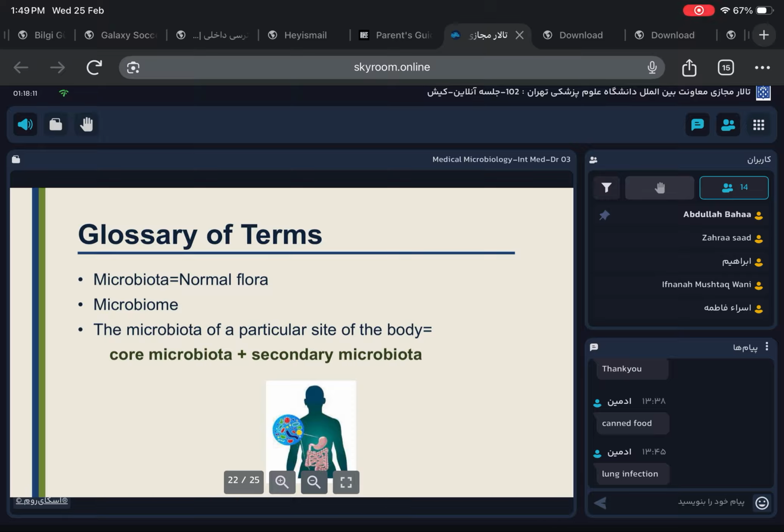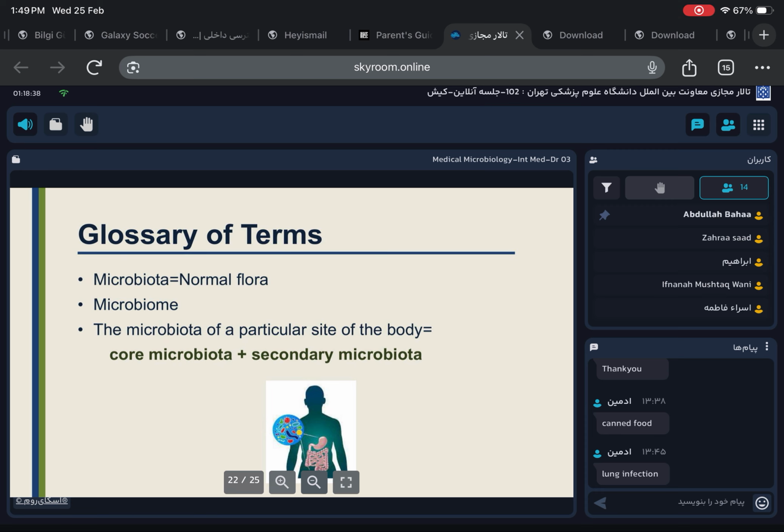When we study the microbiota of a particular body site, we realize that microorganisms in that body site are classified as core microbiota and secondary microbiota. Core microbiota are microorganisms which are shared by 95% or more individuals.